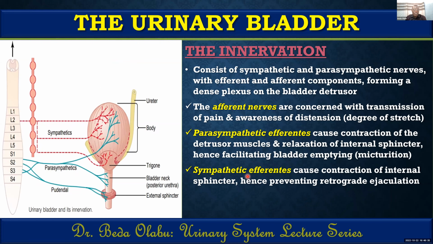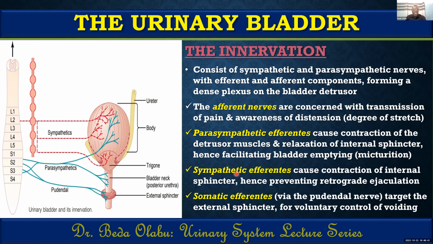Apart from parasympathetic and sympathetic nerves, we also have somatic nerves. The somatic efferents are basically the voluntary division of the nervous system that go to skeletal musculature. So they're usually carried within the pudendal nerve, and they in particular target the external urethral sphincter.